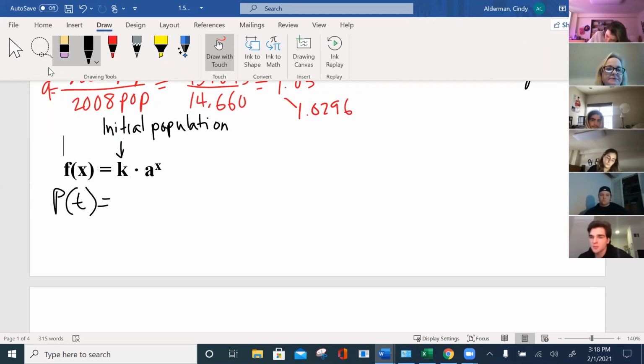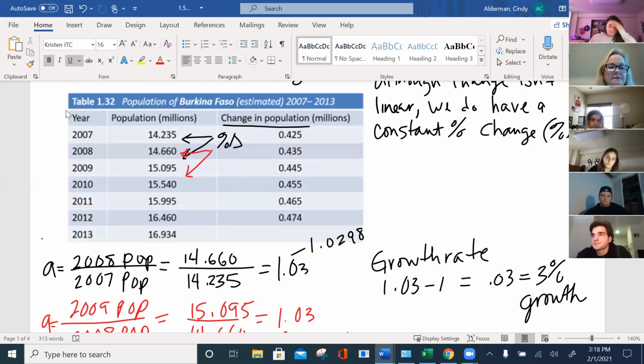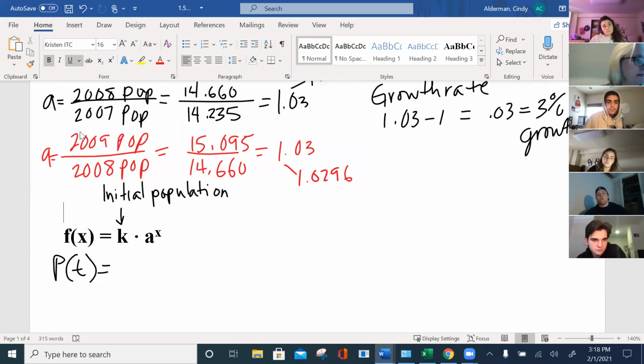You guys tell me. Jadelle, if you're trying to speak, you're muted. Oh, 14.235. Yeah, I thought that's what you were saying. Yeah, it's the initial amount, right? The smallest number on our chart is our initial amount. So we're going to put that here, 14.235.